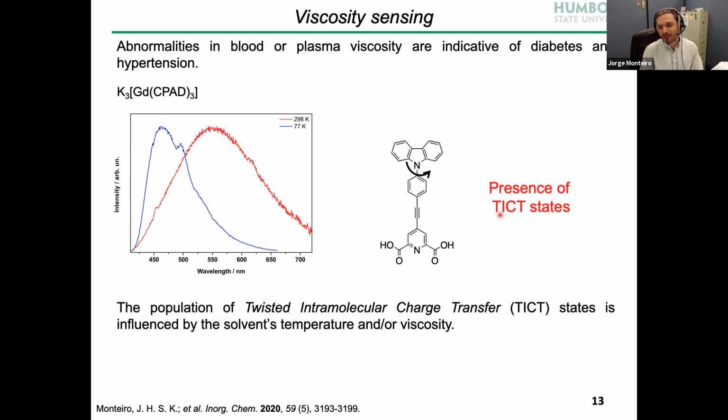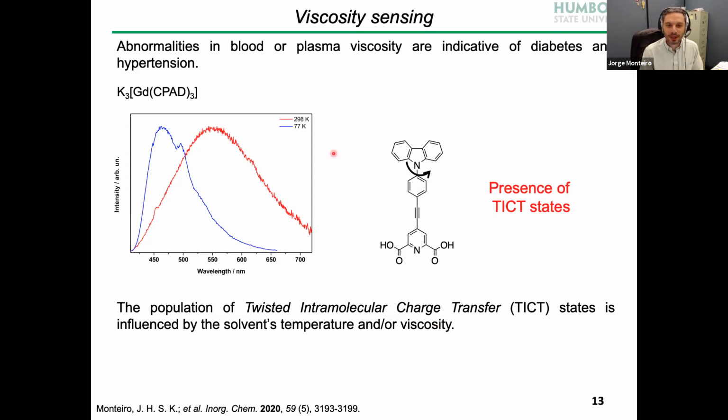And when that happens, what you have is something called twisted intramolecular charge transfer. And there are two physical parameters that change how easy it is to rotate. One of them is temperature, of course. Higher temperature, higher the probability of rotation, and viscosity, okay? So a high viscosity solution will slow down the rotation and vice versa.